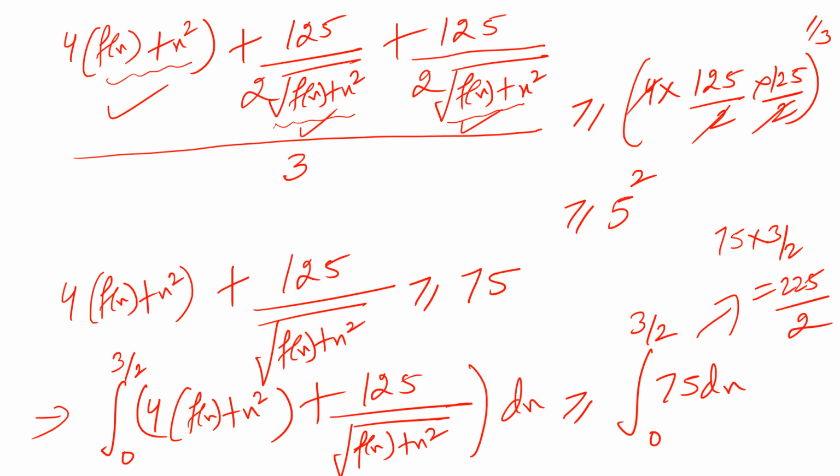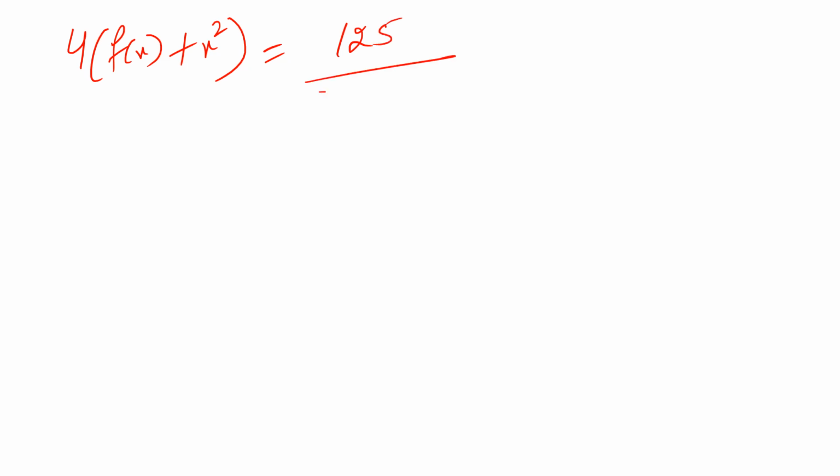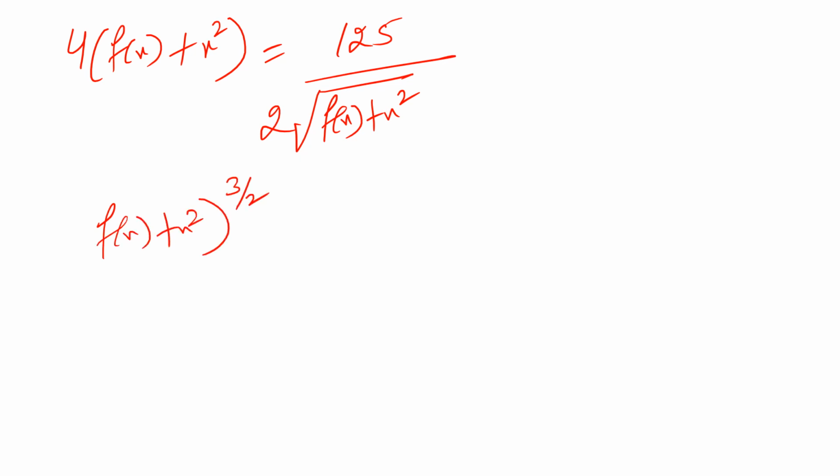Now let us move further. Now to find the function, we will just make the comparison among these expressions. So it is 4 times f(x) plus x square. It must be equal to 125 upon 2 times under root of f(x) plus x square, right? So from here I will be getting (f(x) plus x square) whole power 3 by 2 equal to 125 upon 8.